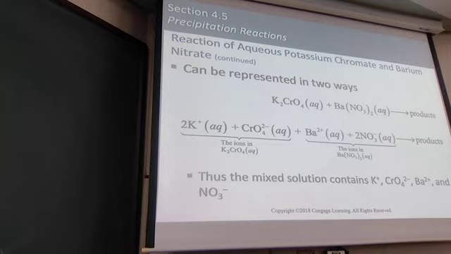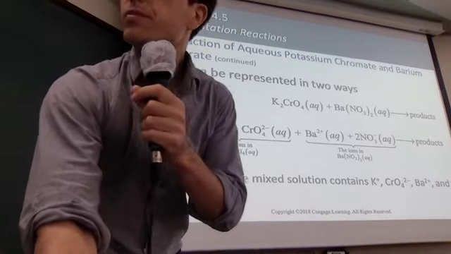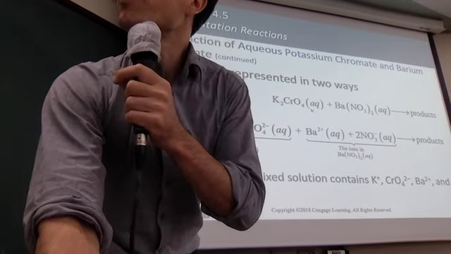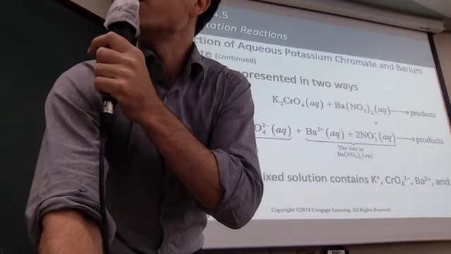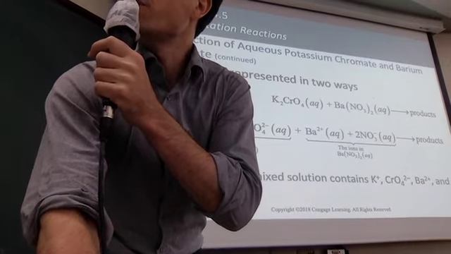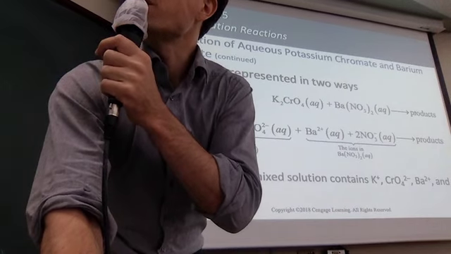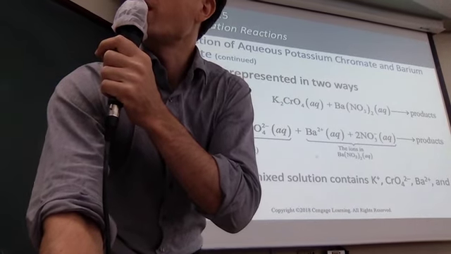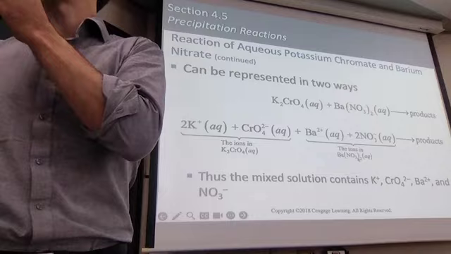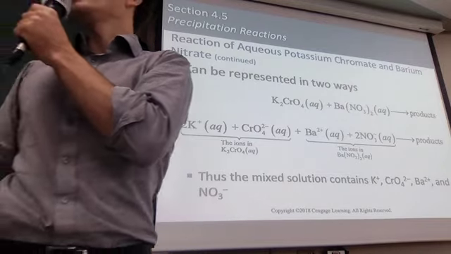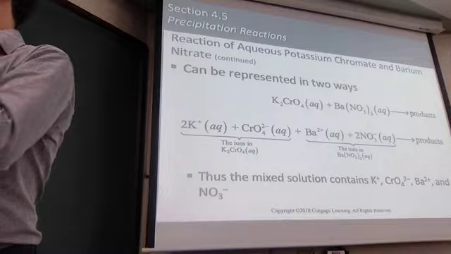You can write down this reaction. So here you have potassium chromate, barium nitrate, and somehow you combine them, you form products. You can write all these different ions here, which are in solution, because all of them are in solution, and somehow you're forming products.